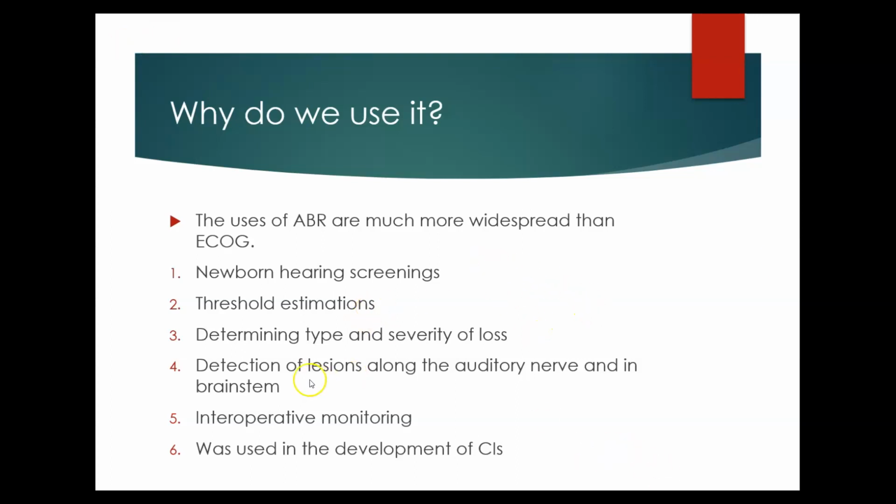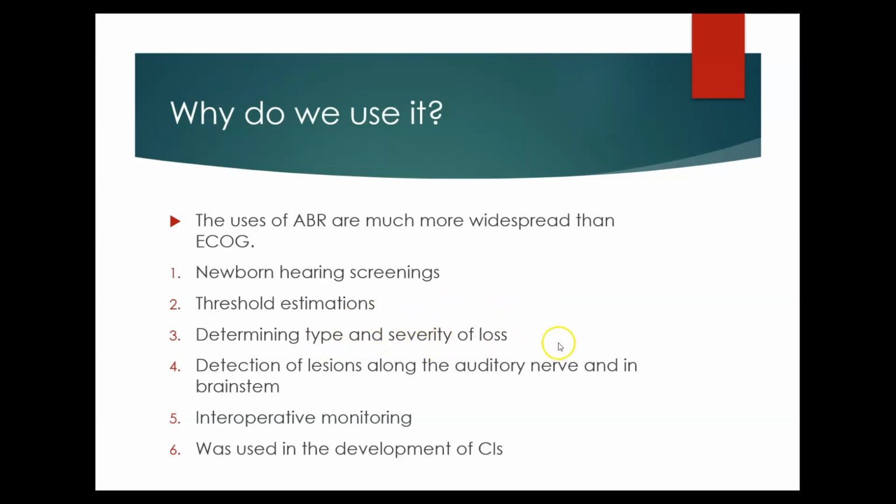Another thing that ABR can do is help to determine the type and the severity of the loss. The type, and sometimes this has to be done over several days or a couple of weeks, but the type, remember, is conductive, mixed, or sensorineural. So we can evaluate conductive versus sensorineural by doing an air conduction ABR and a bone conduction ABR.